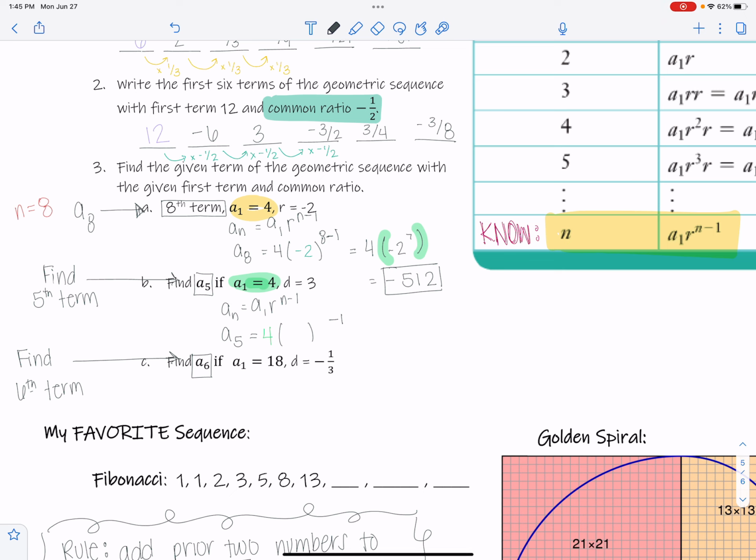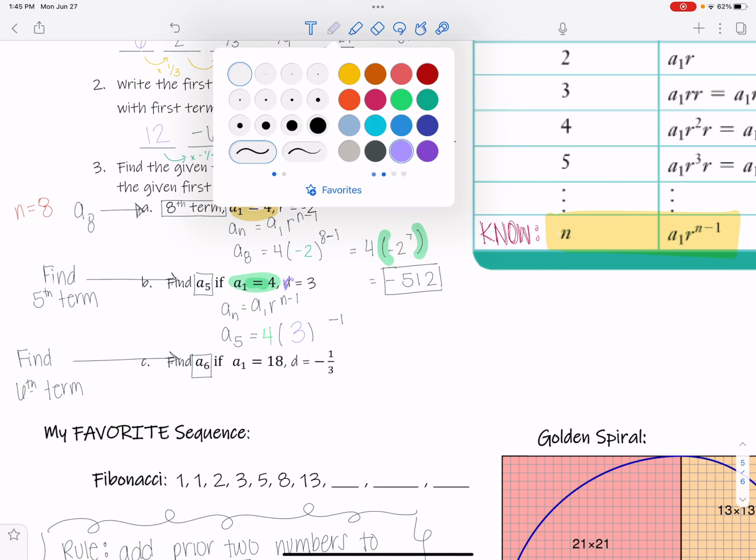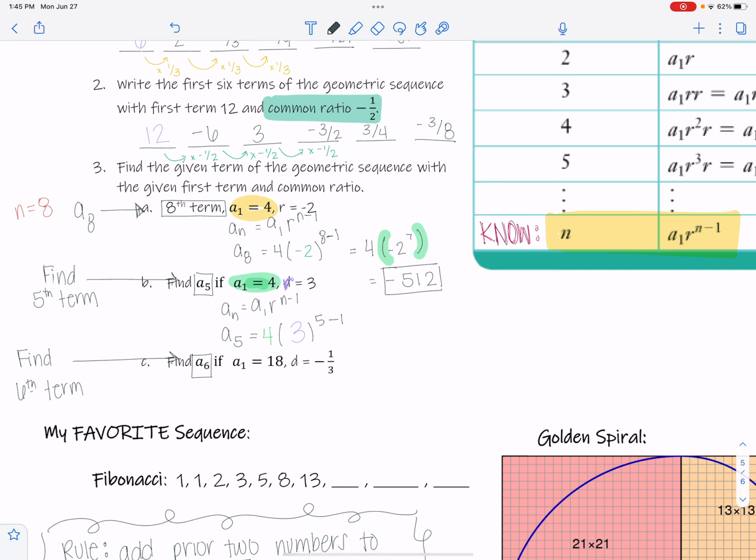That was a typo in the problem, it should say r is 3, and then n minus 1, 5 minus 1.